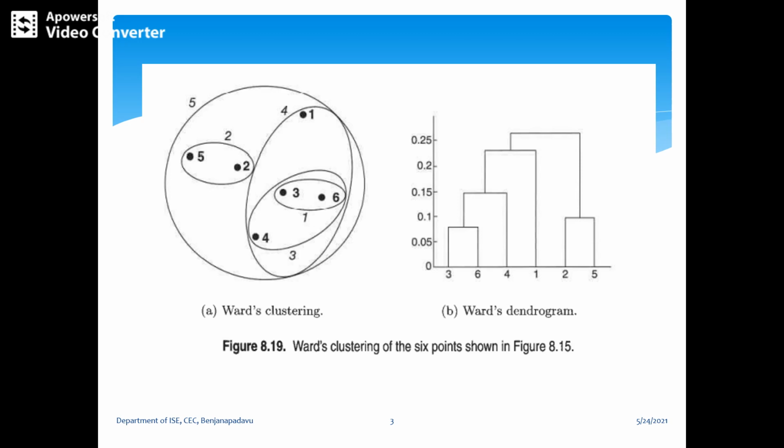So applying Ward's method to the sample data set of 6 points, the clustering produced is different from those produced by single link, complete link and group average.